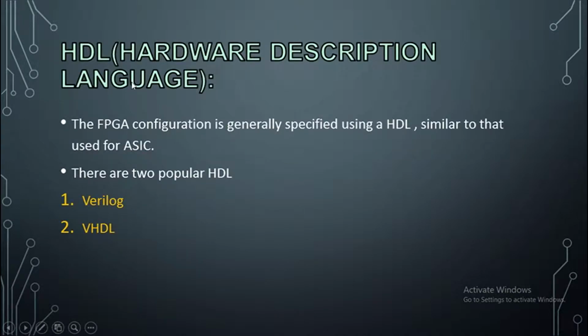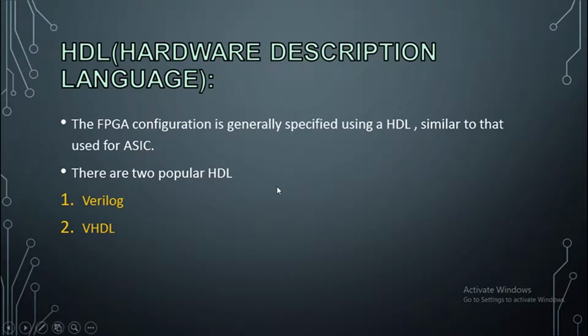So now we are going to start the third tutorial objective, which is Verilog. First of all, we are going to talk about HDL, which stands for Hardware Description Language. The FPGA configuration is generally specified using an HDL, similar to that used for ASIC.